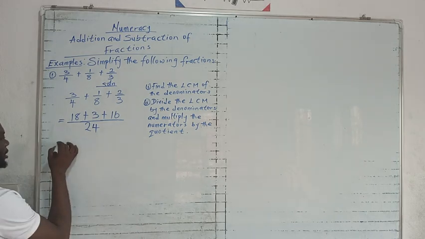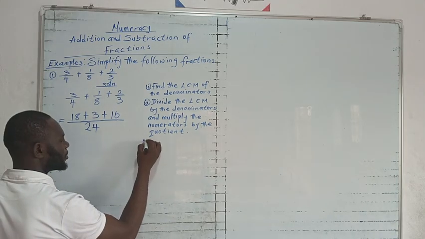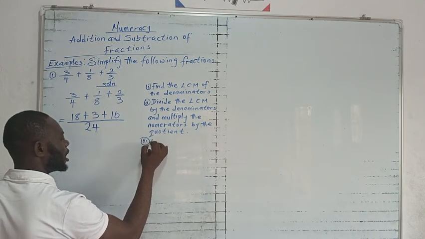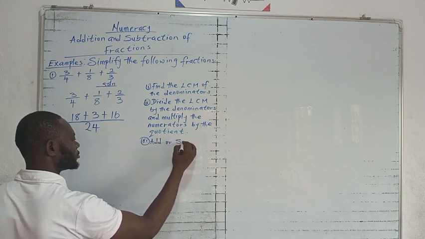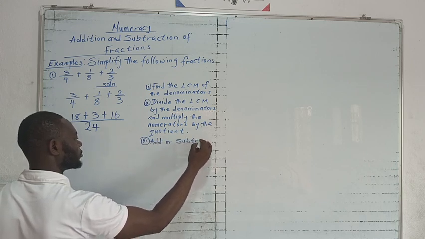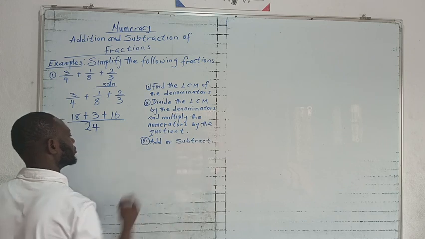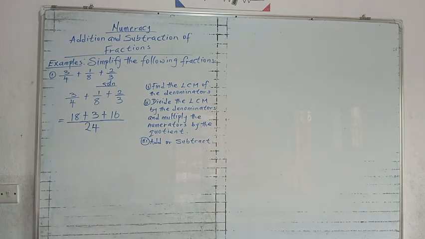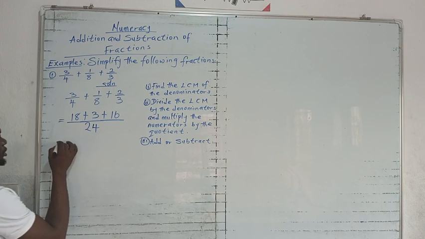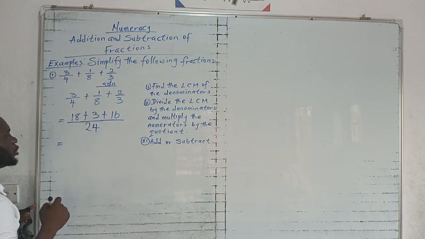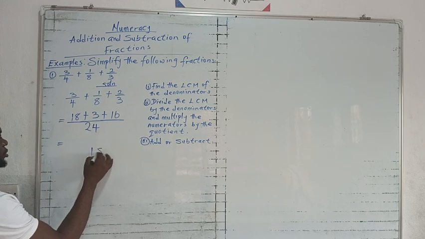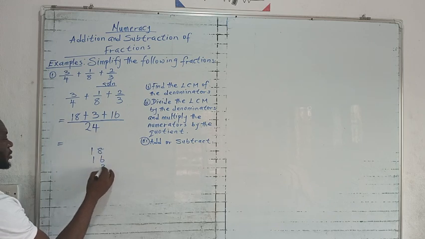So now we can add. Now the third step can come. Add or subtract. Now this becomes 18 plus 3, 20. Let's go 18, 6, 3.